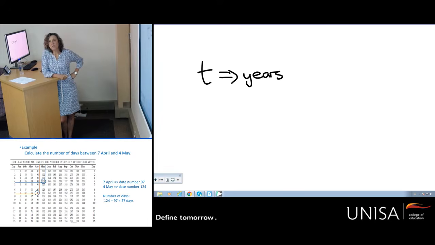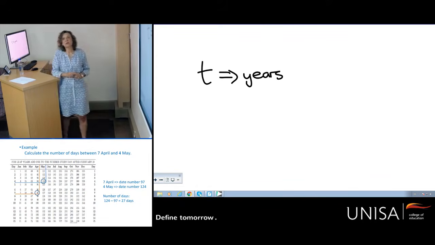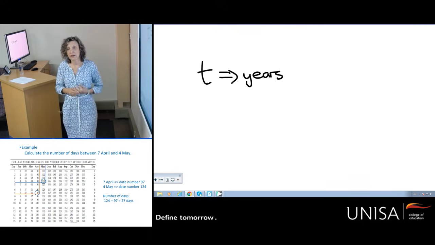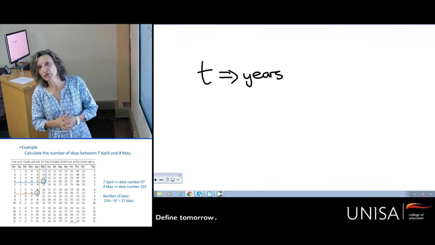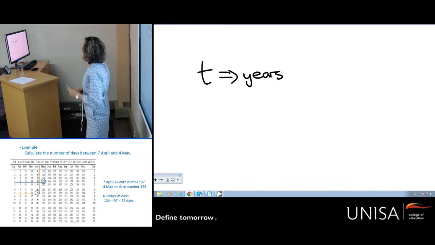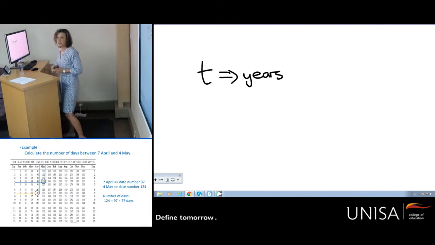The same with the 4th of May. Again, you go across in the row and down in your columns on May and it gives you 124. So if we want to know how many days are there between the 7th of April and the 4th of May, we just subtract those two values from each other, and that will give you 27 days.